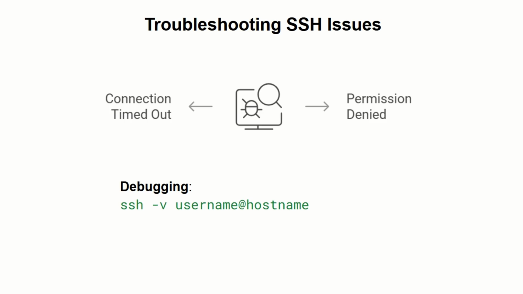These are some of the troubleshooting steps. For debugging, you can use verbose mode, ssh -v, while passing the username and host name.